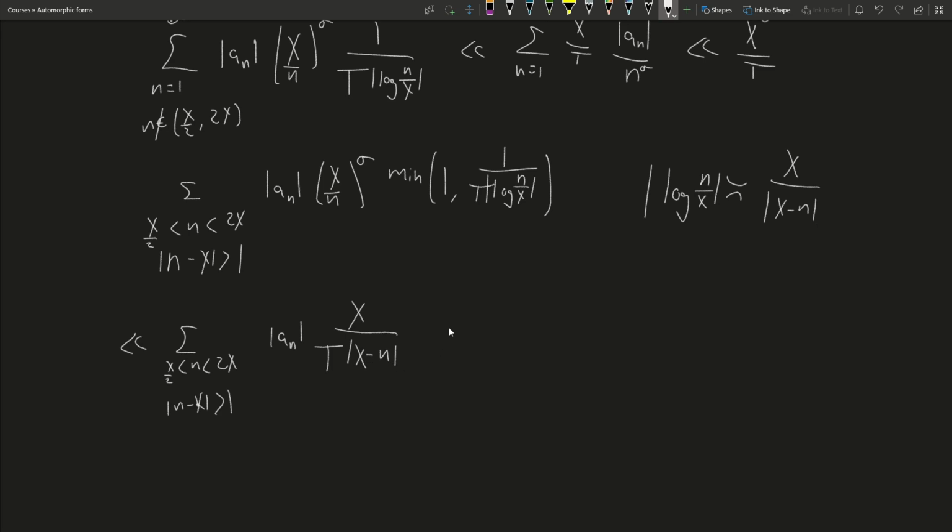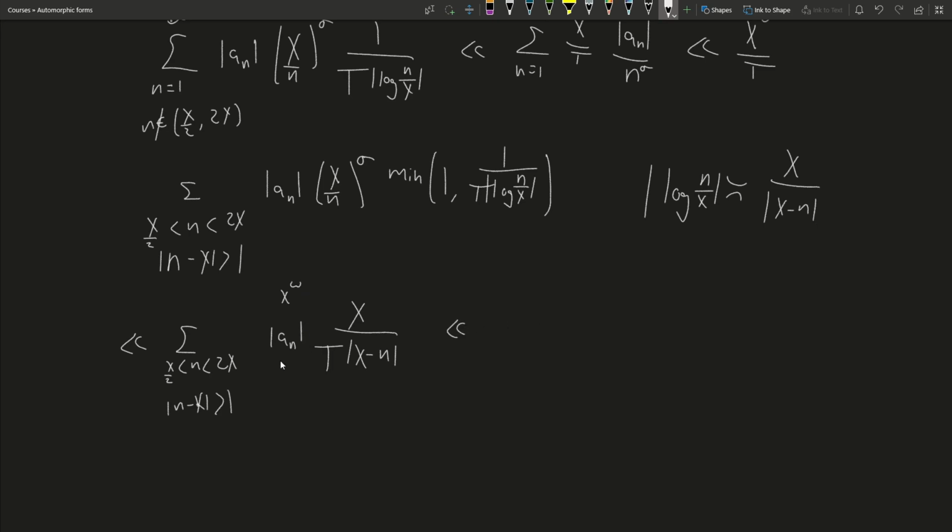And for this part, let's take our a_n and use the assumption that a_n is less than n to the omega for some omega, and n is about x, so this is going to be something like x to the omega.